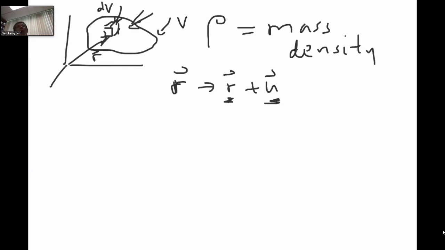So I want to know, how does the displacement, the disturbance that is set up, in other words, how does it propagate with time? What is its equation of motion? So in other words, I want to know how U moves with time. So if I displace it to a different point, right?